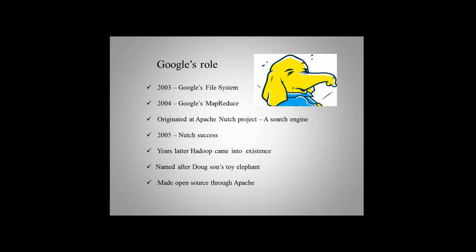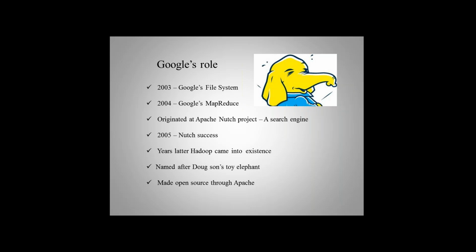For the first time in history, in the year 2003, Google revealed its secret in the form of a white paper, which mentioned that Google follows its own file system for storage called Google File System, where it doesn't rely on any other existing file system like NTFS or NFS. It has its own file system called Google File System.